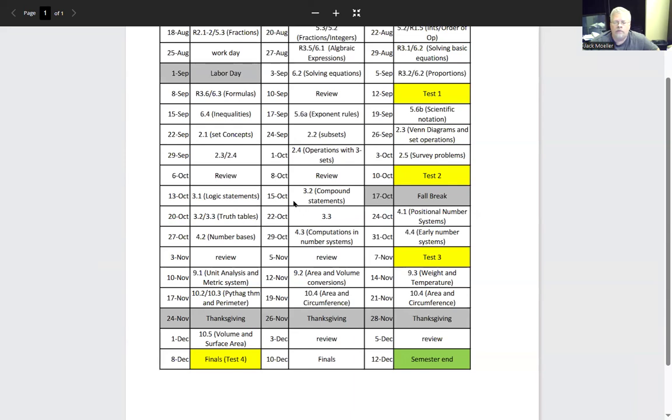How that flows is, if you remember from Chapter 2, 2.1 and 2.2 were a lot of definitions. Then in 2.3, we got into set operations and Venn diagrams, and got more in depth with 2.4 and 2.5. So 3.1 is most of our definition sort of stuff.